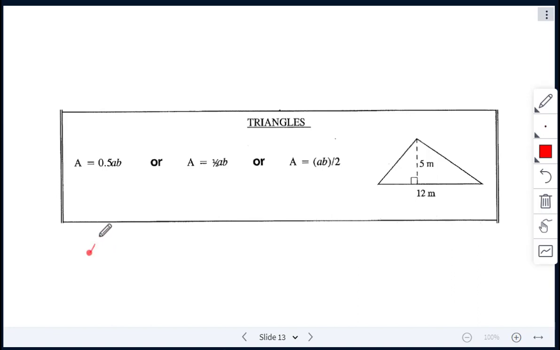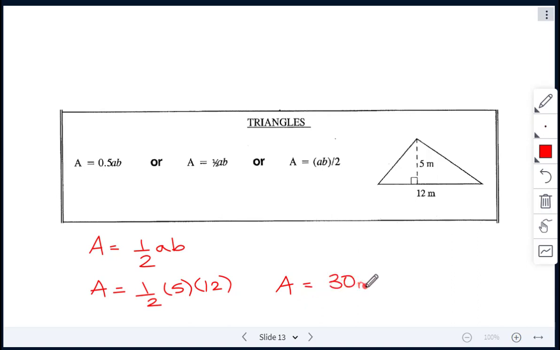So area equals, let's just use half A times B. The altitude or height is 5, and then the base is 12. Just put that into your calculator, and we get 30 meters squared. Either of those formulas would work.